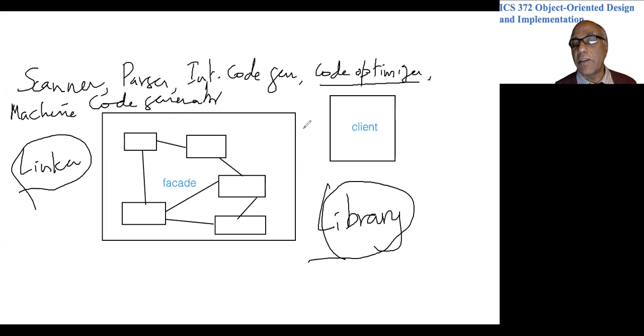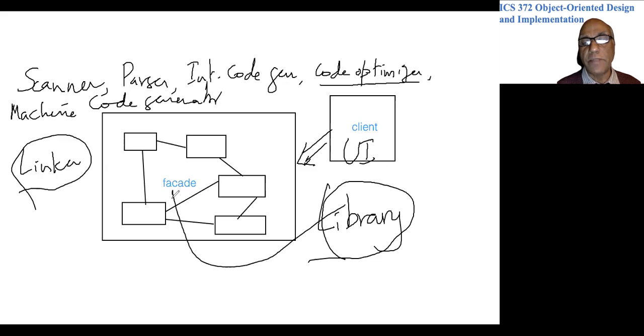And what we have is just a set of methods in the library class through which any client, in this case, the client is the user interface, can simply invoke the library methods. So the library is the facade.